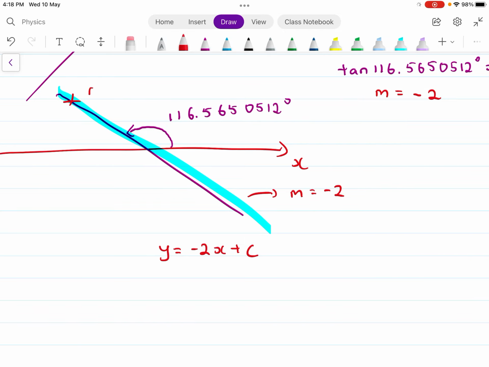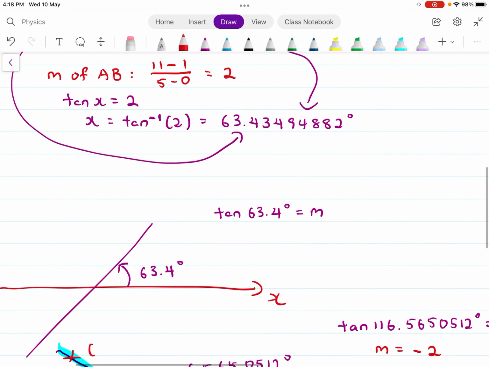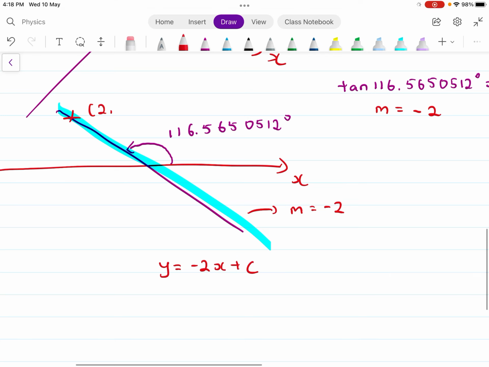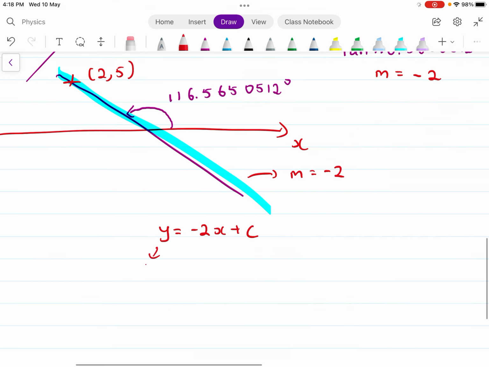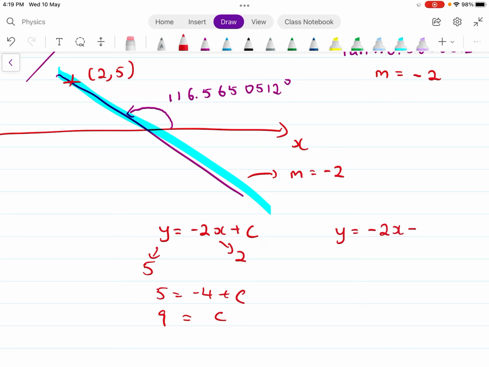My point P is (2, 5), so 5 you sub in for y and 2 for x. So 5 equals negative 4 plus c, so c is equal to positive 9. In this question, my equation of PQ is y equals negative 2x plus 9. That's the answer for the first part.